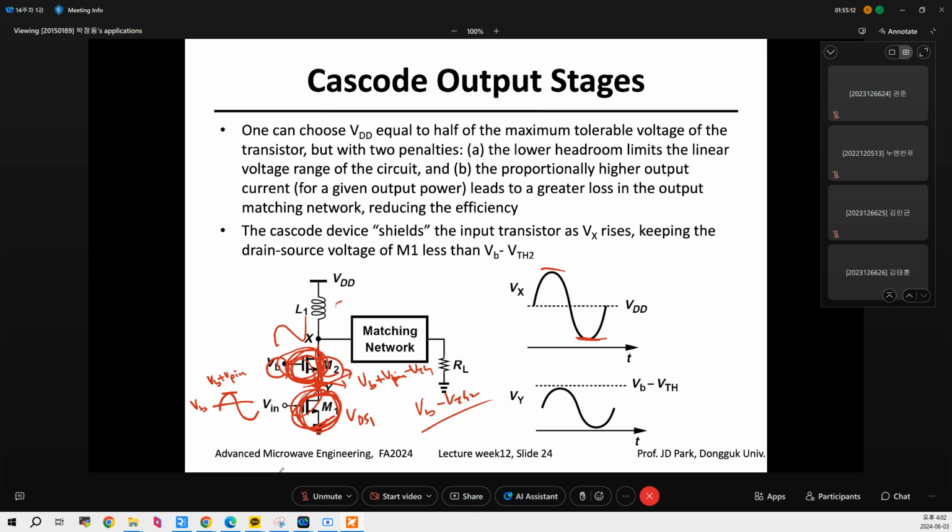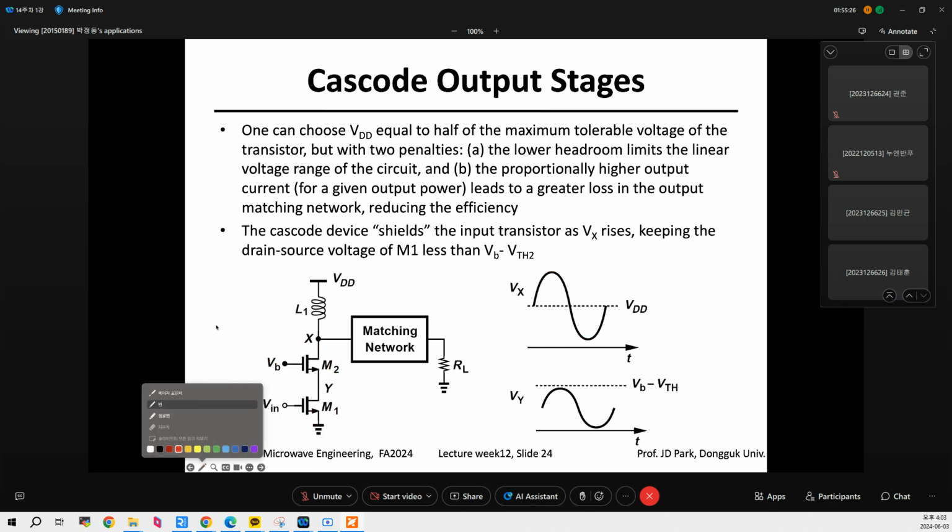Make sense? Okay. 야, 너들 이해했냐? Yes. 민규는 너 이해했어? 네, 그 실드 해주는 거, 이해했습니다. 왜 그렇지? 간단하게 한번 설명해봐.